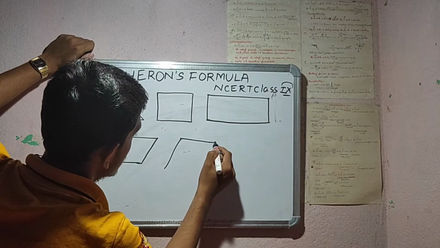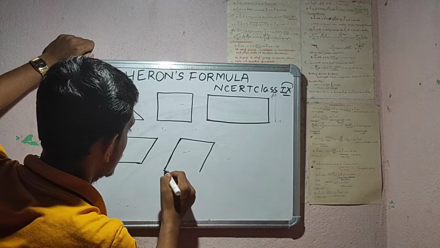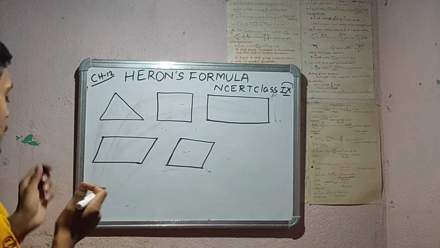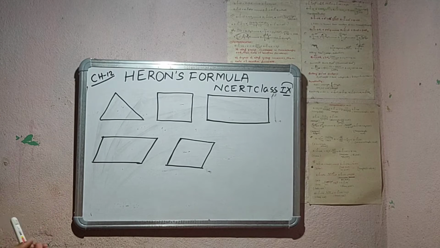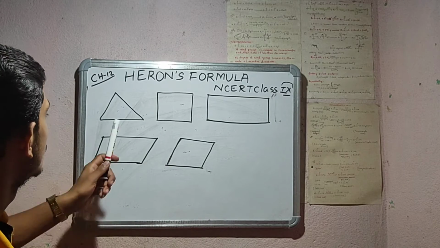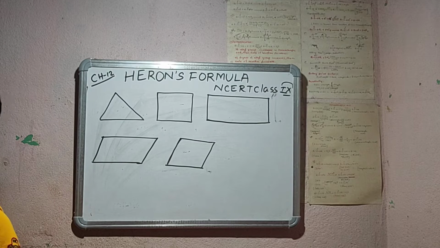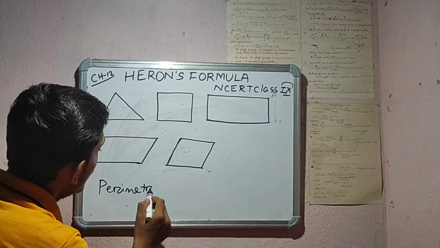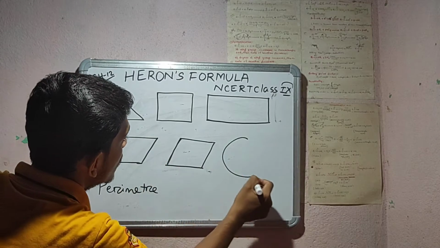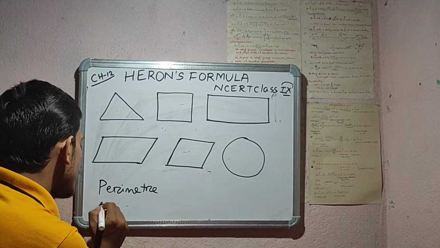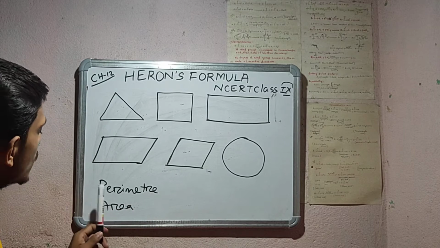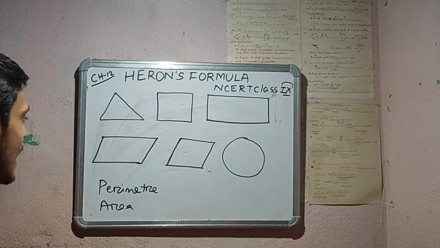This is a rhombus. So, what is perimeter? How can you find the perimeter of all these, or of a circle also? Simply the concept or the basics. What is perimeter and what is area?